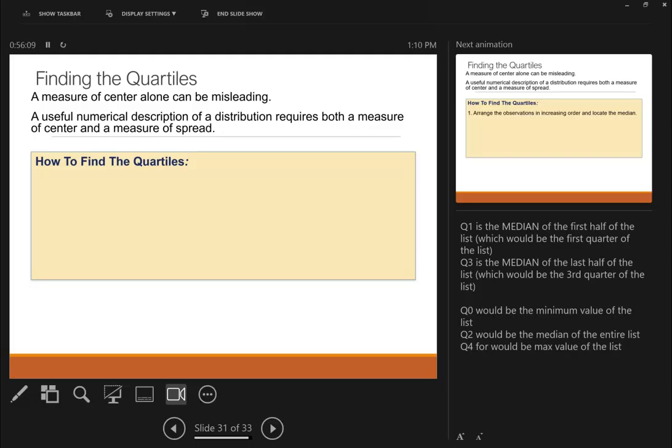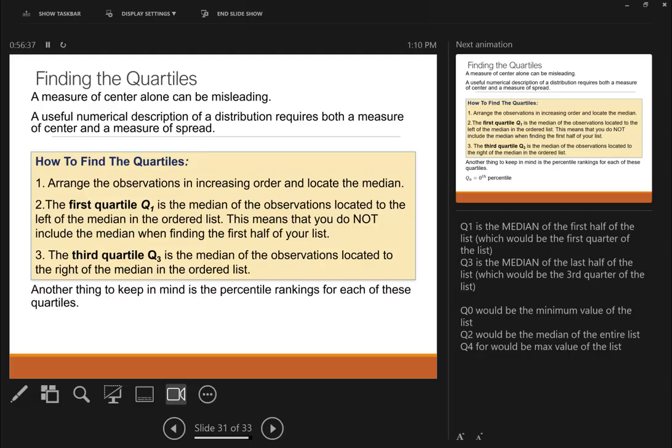Q2 is the median. Q1 is the median from Q0 to Q2. And Q3 is the median from Q2 to Q4. Does that sound like a pain in the butt to do by hand? Sure is. Guess what the calculator can do for you? With one command, I can get the mean and the median and the quartiles all in one shot. So that's nice.